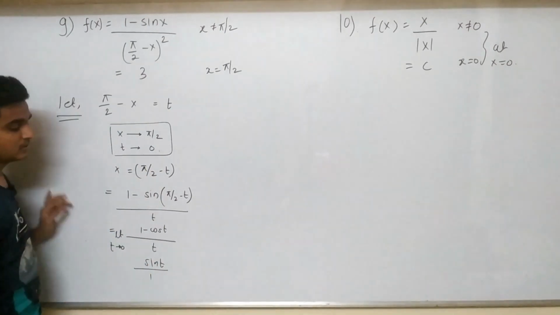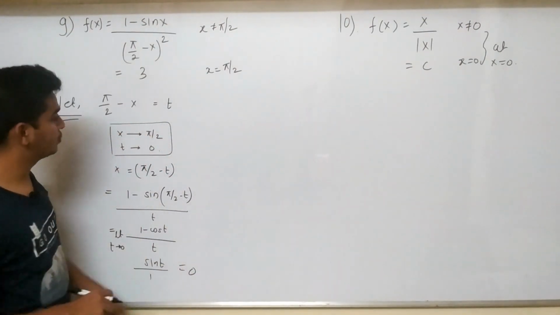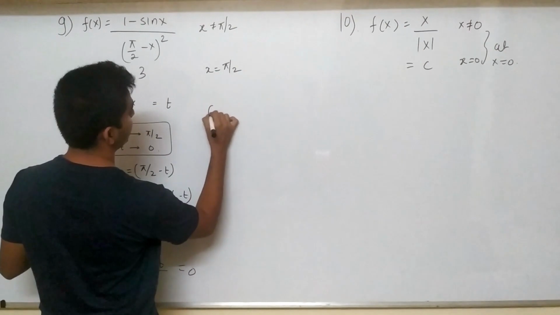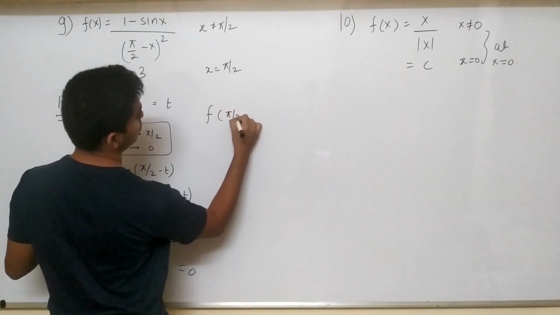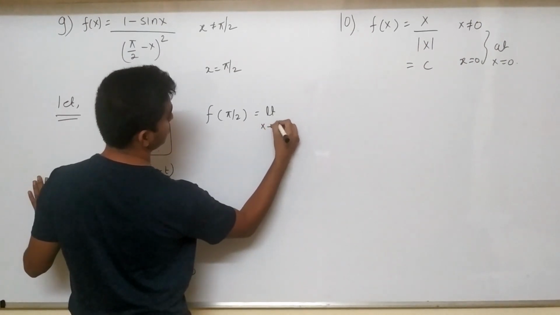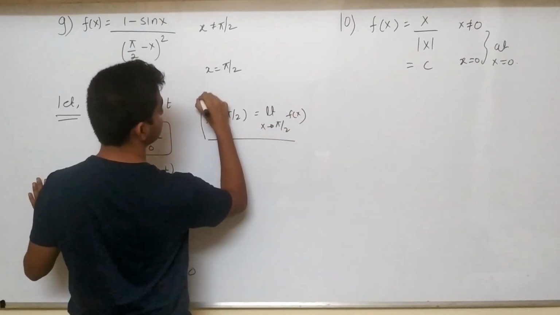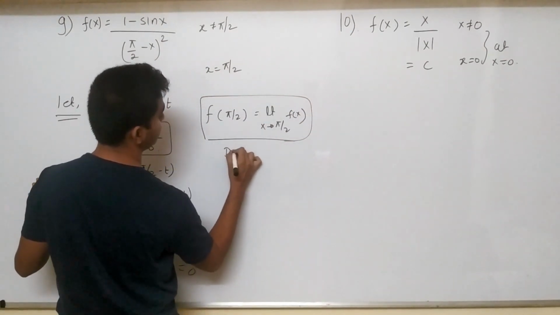So sine of 0 will be 0. So since the value is 0, you can say that f of pi by 2 is not equal to the limit x tends to pi by 2 of f of x, and hence this function is discontinuous.